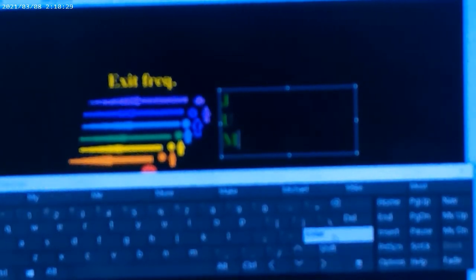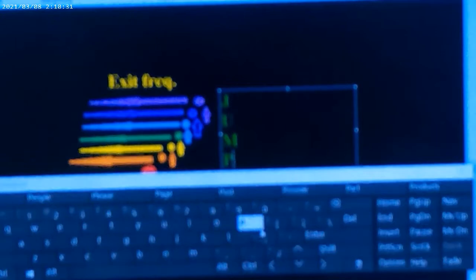We'll go with a J, U, M, P. And let's see if that goes. Jump. That coloring is kind of bad. Let's give it a brighter green.